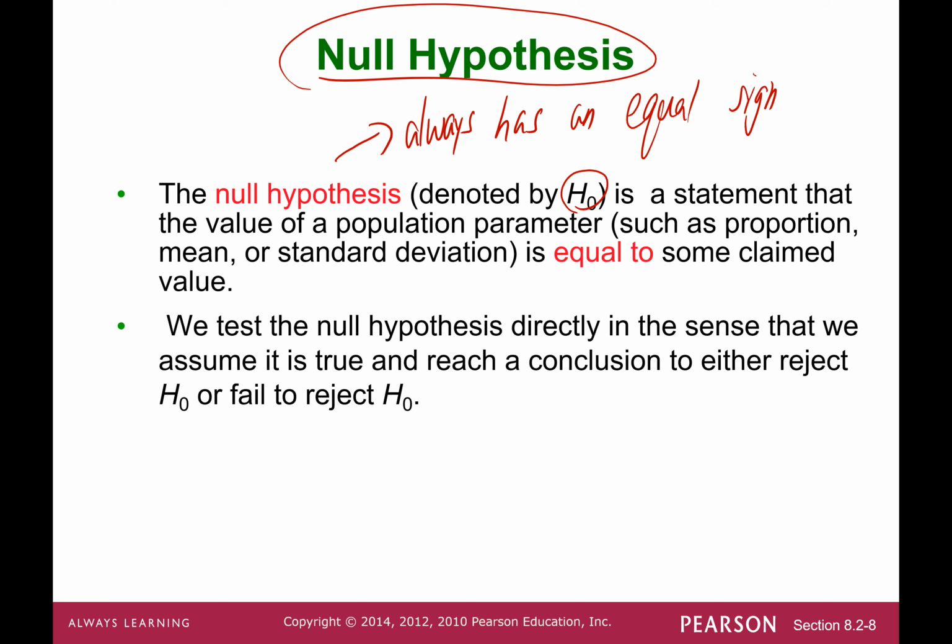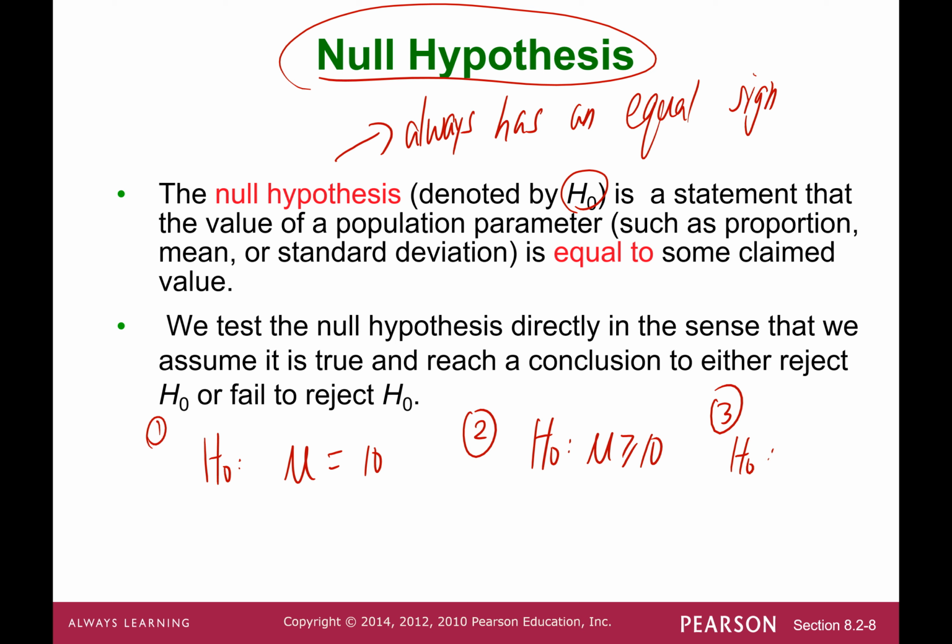Null hypothesis H0 could be population mean equal to, let's say, 10. Okay, this is the first way. Second, H0 could be mu greater or equal to 10. Third case will be H0: mu is less or equal to 10.